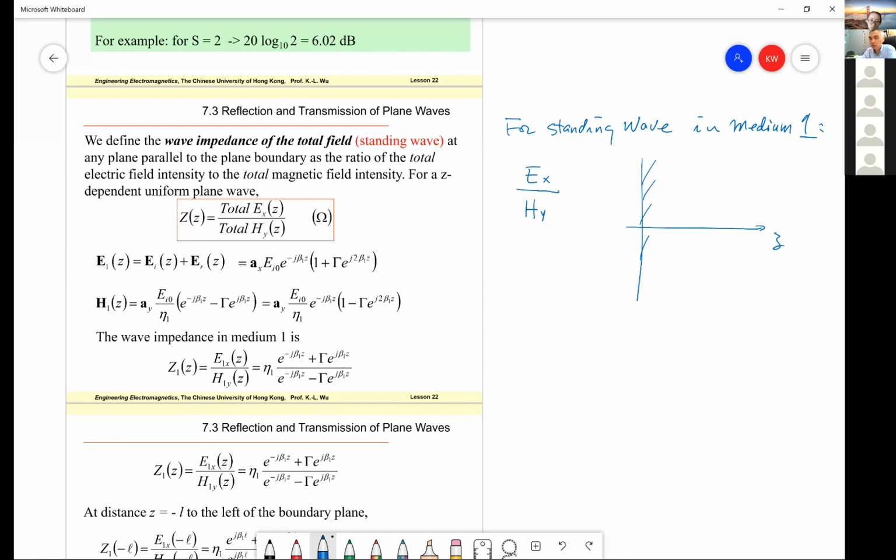This is what we are interested in. We give it a name. We call this wave impedance.